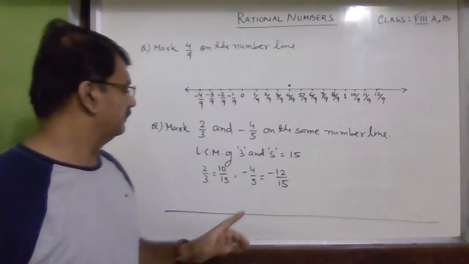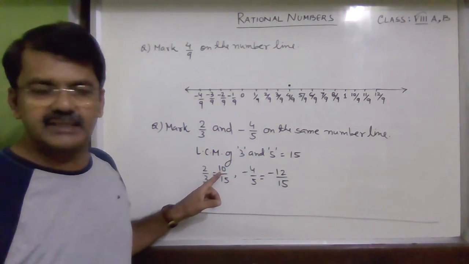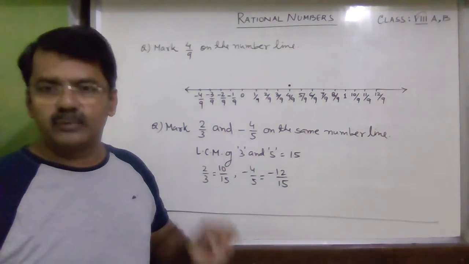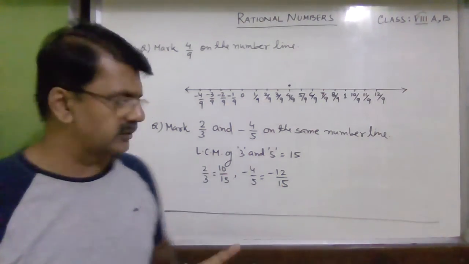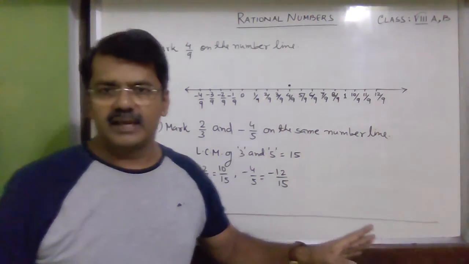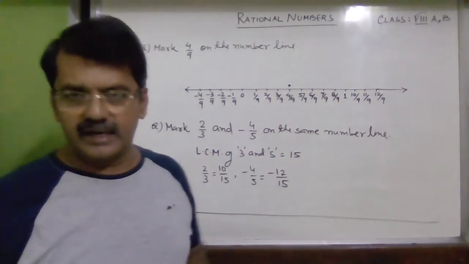Now you draw a straight line, and see, on the positive side we need 10 markings, on the negative side we need 12 markings, which means in all 22 markings, so you make 25 markings. So take your scale accordingly so that 25 markings can be made on this number line.